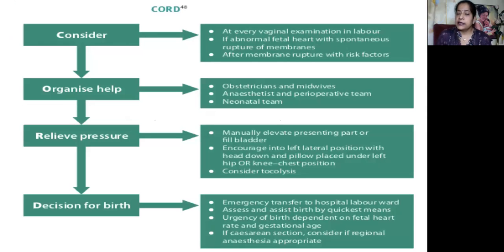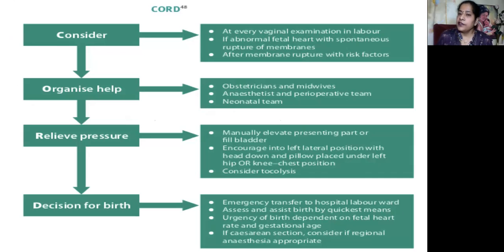So, to summarize, management of umbilical cord prolapse can be remembered with the help of the mnemonic CORD. C, Consider, O, Organize help, R, Relieve pressure, and D, Decision for birth.